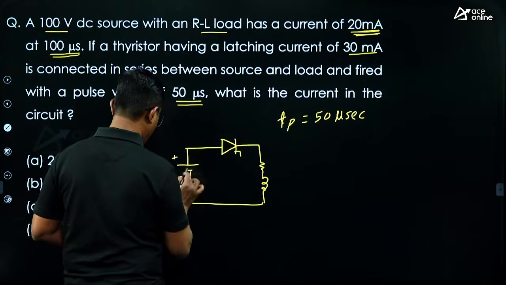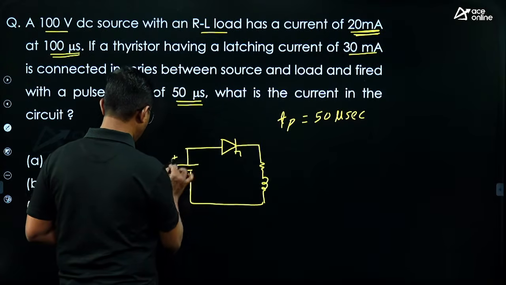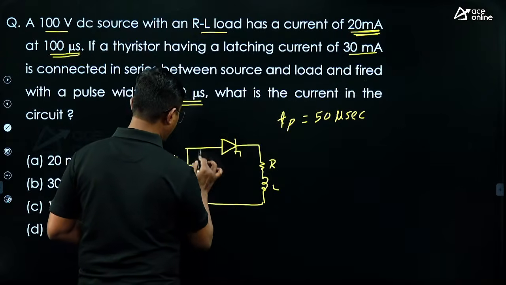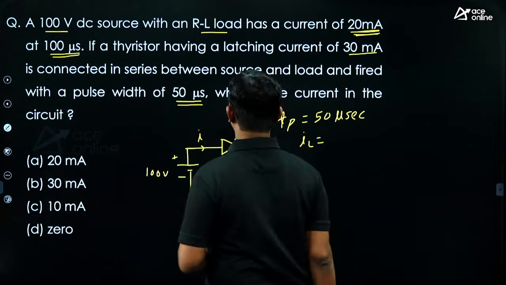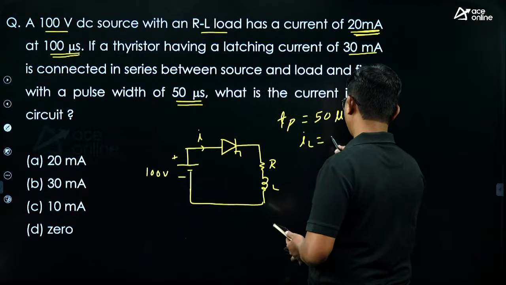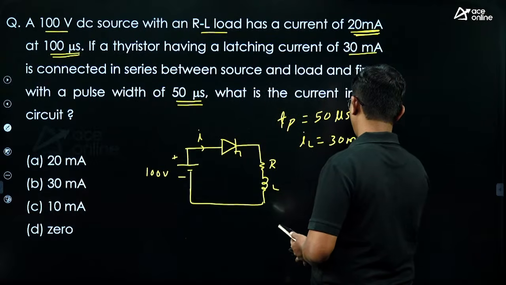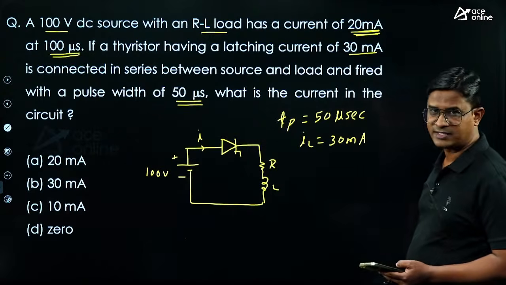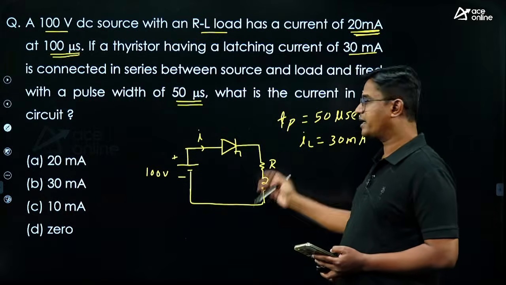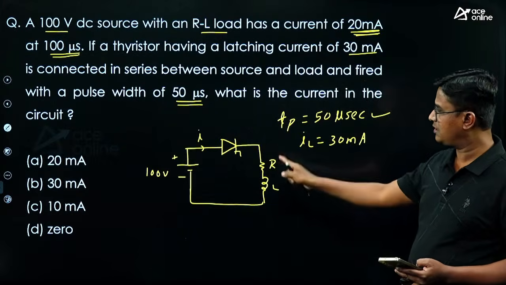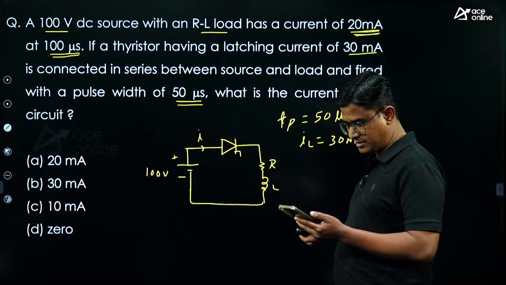This is 100 volt and this is R and L. The current here is I. My SCR has a latching current equal to 30 milliampere, and we are maintaining the gate signal only up to 50 microsecond. So if I remove the gate signal, what will be the current in the circuit, they are asking? Come on.